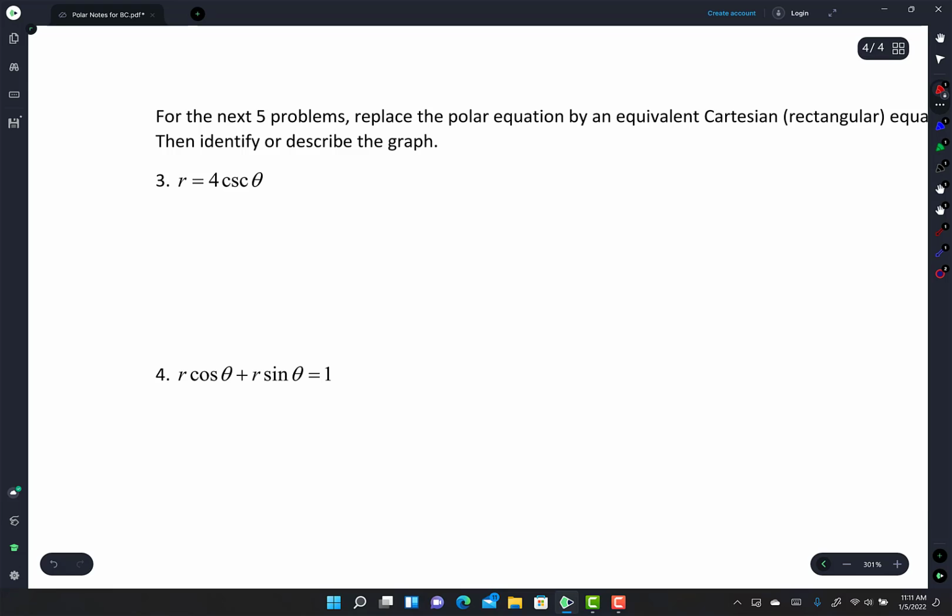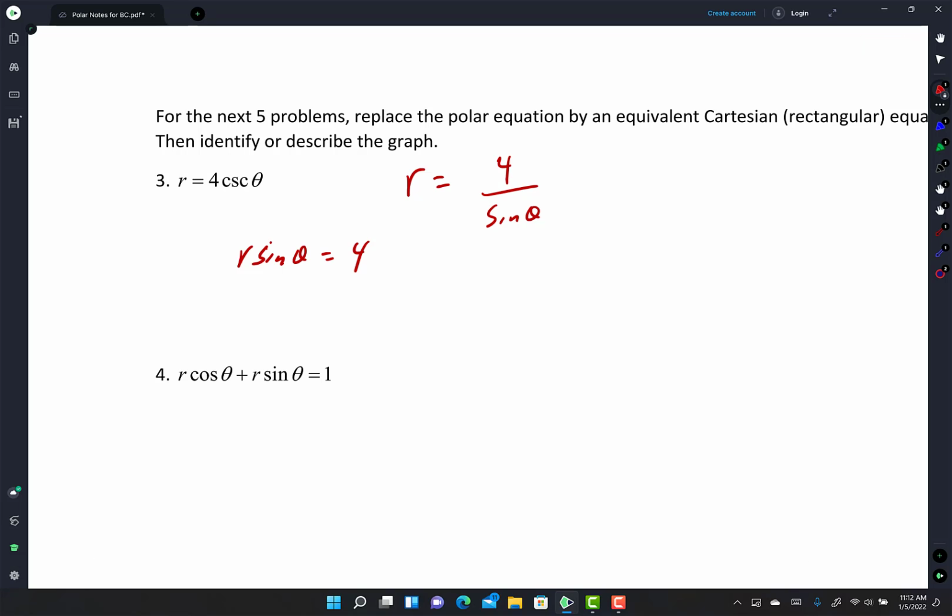So I'm going to write r equals 4 over sine theta. And then we look for patterns. You ready? I'm going to multiply by sine theta both sides. R sine theta equals 4.